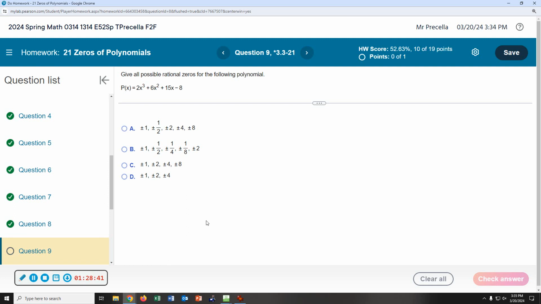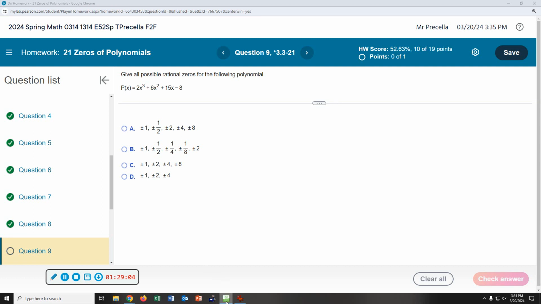We deliberately assign multiple choice on here so that you don't have to type them all in. But they also reverse it, so if you get confused and flip the things, it's going to be one of those incorrect distractors. Make sure you're doing constant over leading coefficient.